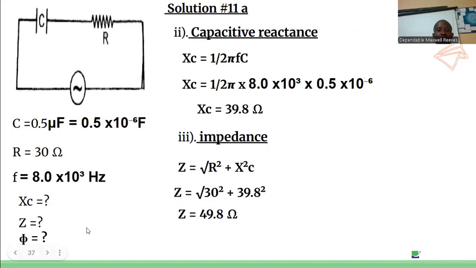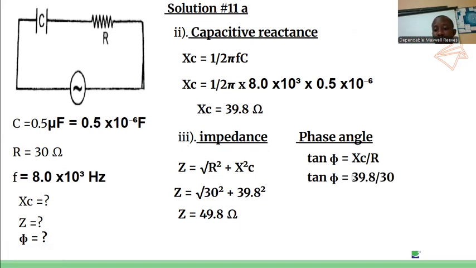Now, the last part of this question, we're asked to determine the phase angle. The phase angle phi is given by the tangent of XC, the capacitive reactance, divided by the resistance R. XC has already been determined to be 39.8, and the resistance given in the question is 30.